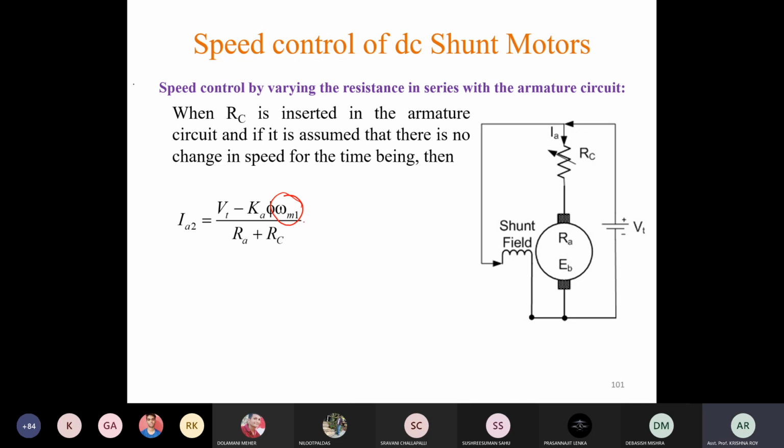Its speed is still omega m1, but the current value has changed. Current is an electrical parameter, whereas speed is a mechanical parameter, and any electrical process is faster than any mechanical process. So as soon as we change this Rc value, the current will change, but the speed cannot change so quickly. That is why the expression of Ia2 contains the previous speed omega m1. Is it clear? Any doubt?